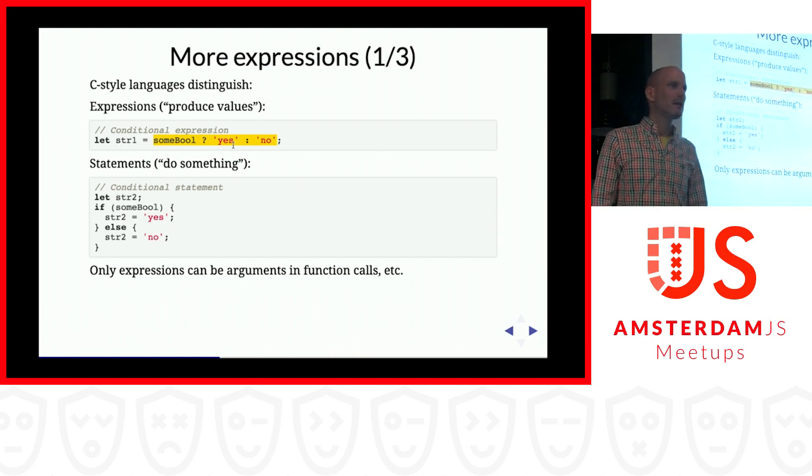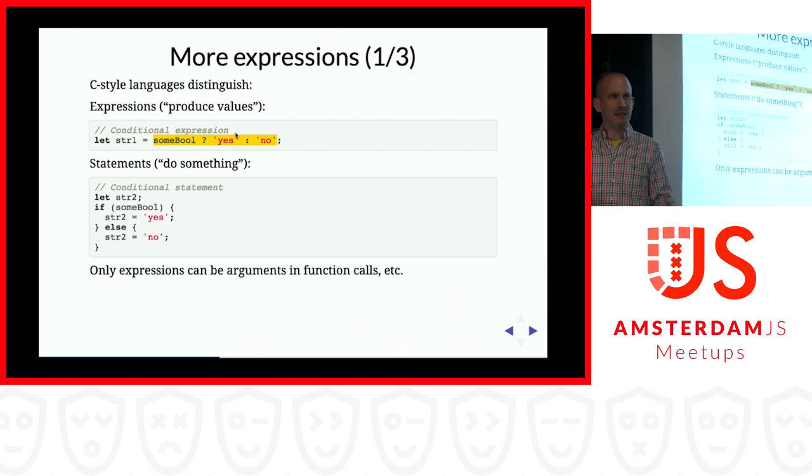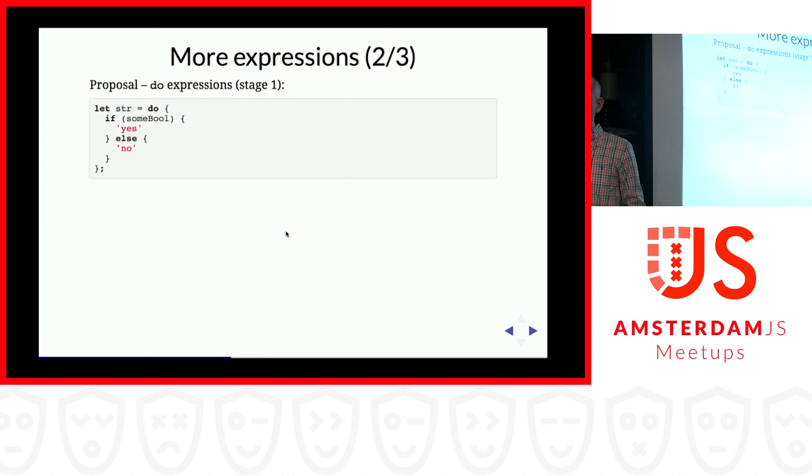In most functional programming languages, you can just use if then else up here without any issue. So that'd be nice, but C works differently. And one proposal to fix that are the so-called do expressions.